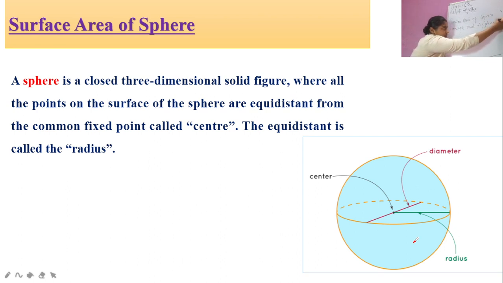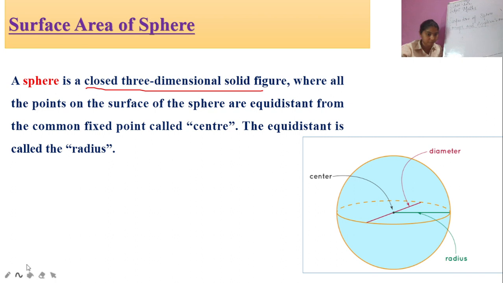Okay students, now tell me, what is a sphere? Have you heard? A sphere is a closed three-dimensional solid figure where all the points on the surface of the sphere are equidistant from a common point, which is called the center, and the equal distance is called the radius.